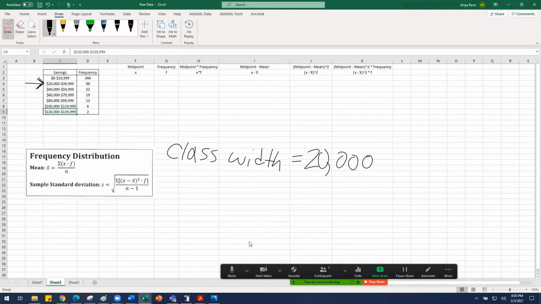So the first class starts at 0. The second class starts at 20,000. You add those together, divide by 2 to get the first midpoint, which gives you 10,000.